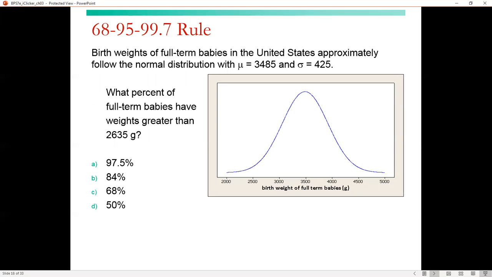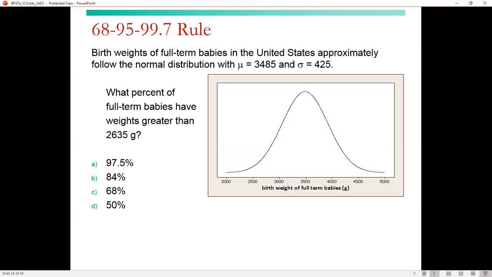Birth weights of full-term babies in the United States approximately follow the normal distribution with mu equal to 3,485 and sigma equal to 425. What percent of full-term babies have weights greater than 2,635? So if we take 3,485, subtract 1 standard deviation, that's not low enough, subtract another standard deviation.